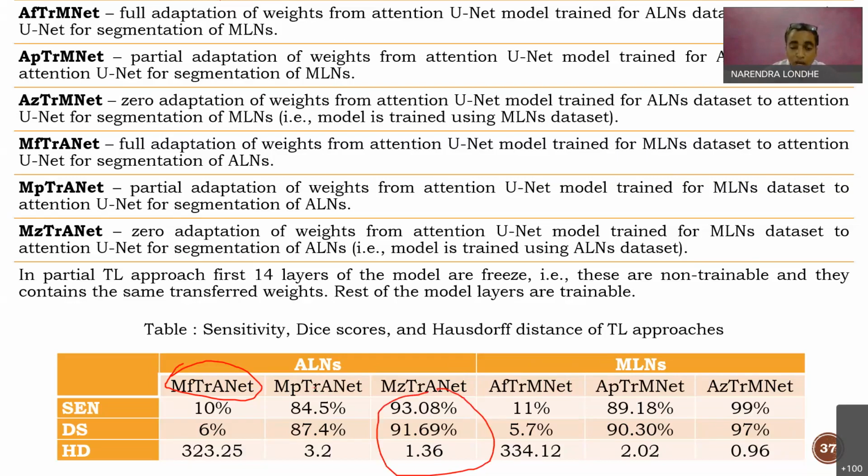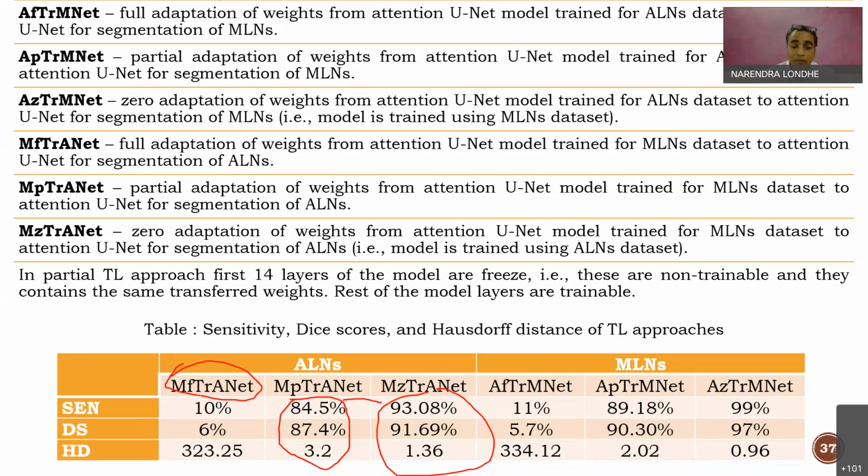But if I'm doing it partially, where the learning from the mediastinal lymph node network is partially transferred to the abdominal lymph node network, and I try to get the results using that partial transfer learning, my results were poor compared to the complete learning from the abdominal lymph nodes, but considerably high, right?